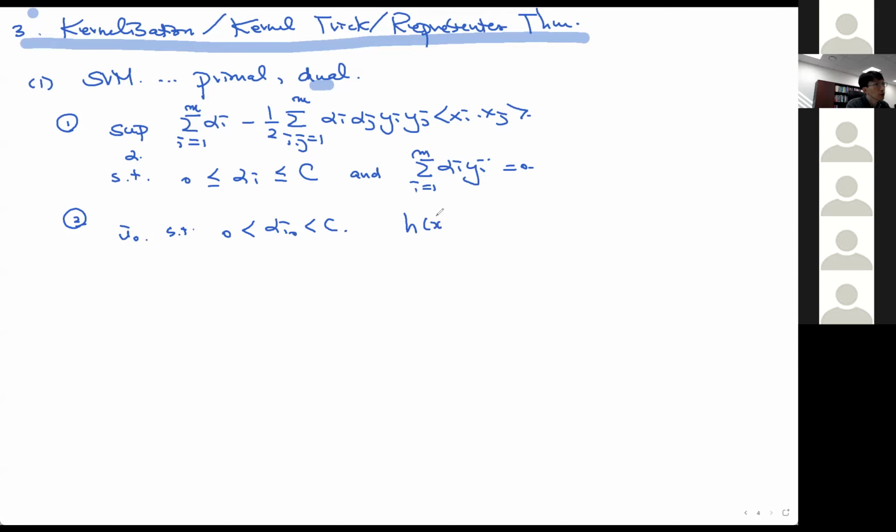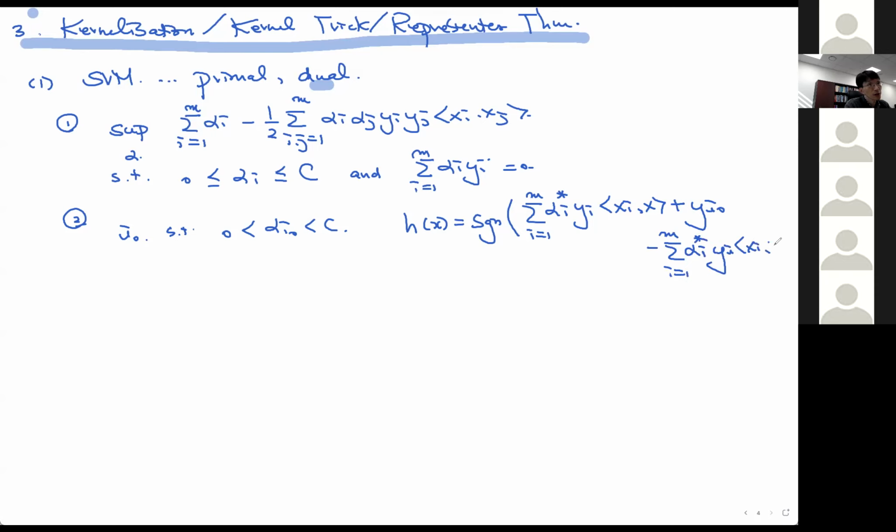Our hypothesis will be the sign of the sum over i to m of alpha_i star y_i times the inner product of phi(x_i) and phi(x), plus y_i0 minus the sum over i to m of alpha_i star y_i times the inner product of phi(x_i) and phi(x_i0).